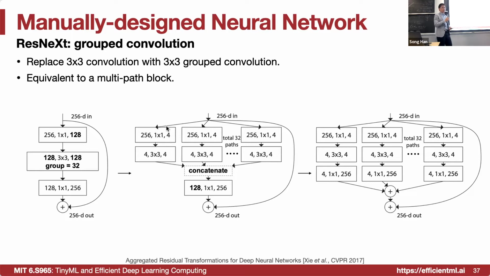So which one is more hardware friendly? This one or the one on the right hand side? Actually, it's this one because we have fewer kernel calls. Functionally, they are the same. You have the group convolution here, but there you have just one big 1 by 1 convolution.